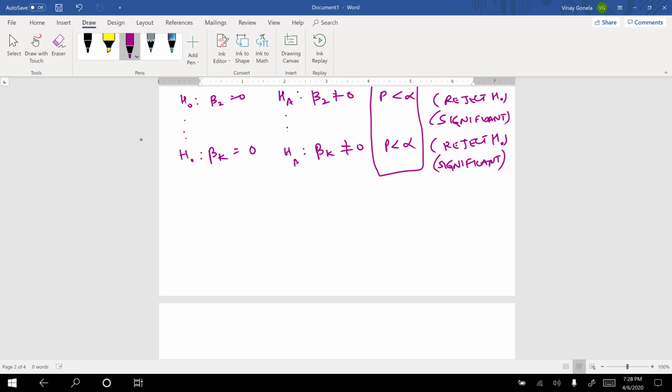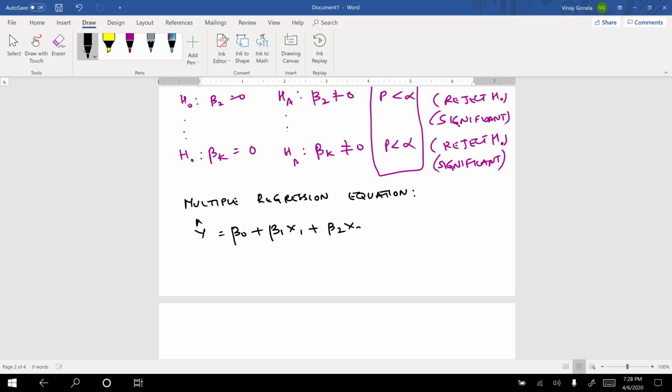So suppose our multiple regression equation is y hat is equal to beta naught plus beta 1 x1 plus beta 2 x2, and so on until beta k xk. We are good if all these variables are quantitative variables. You don't have to do anything.